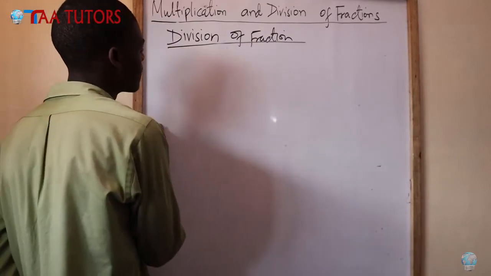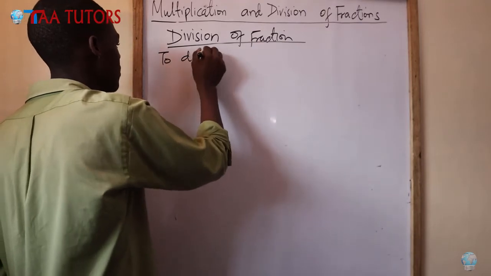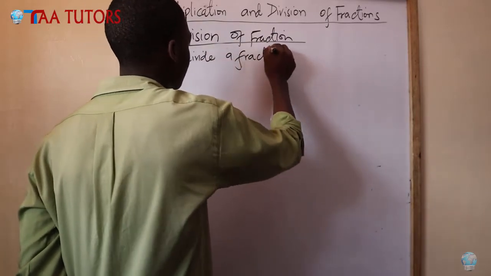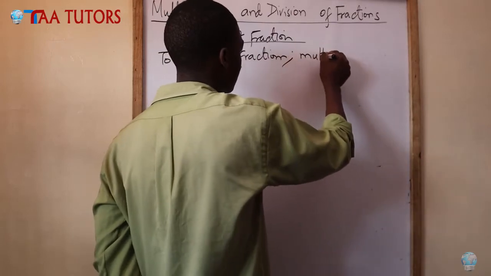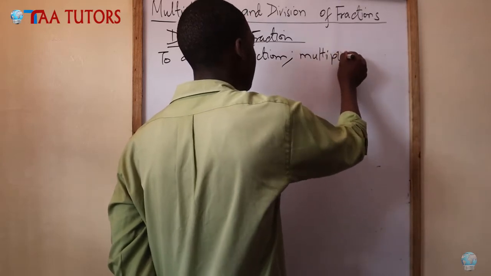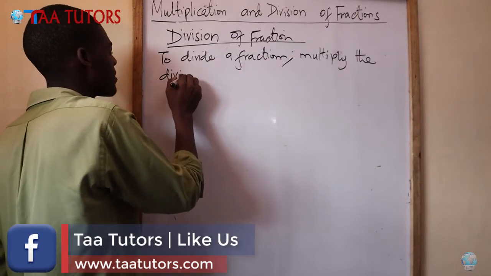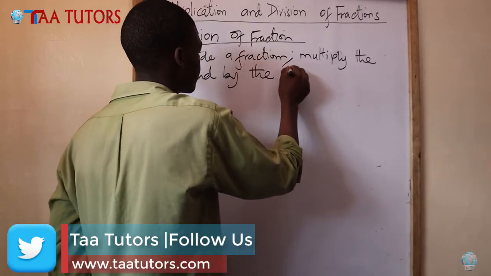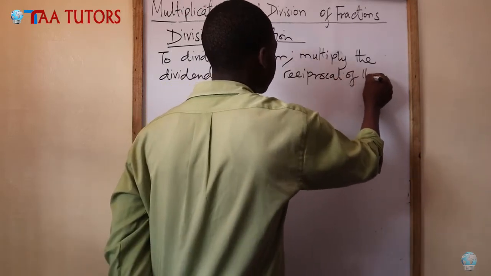So in division, to divide a fraction, multiply the dividend by the reciprocal of the divisor.